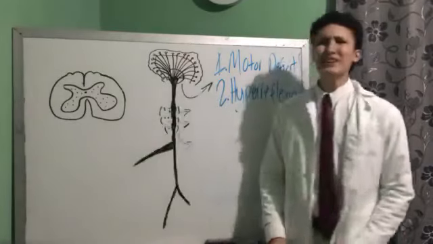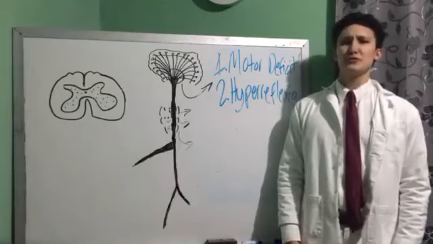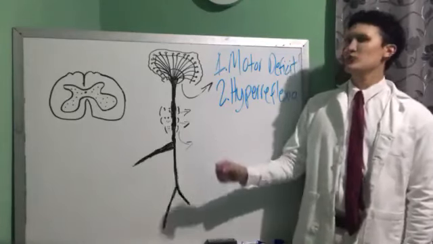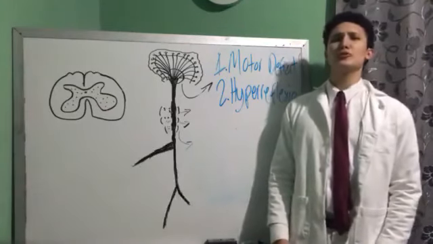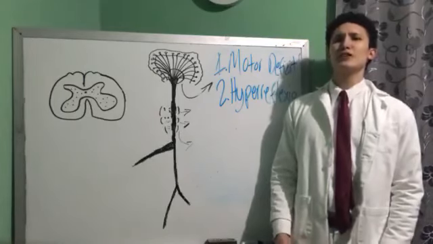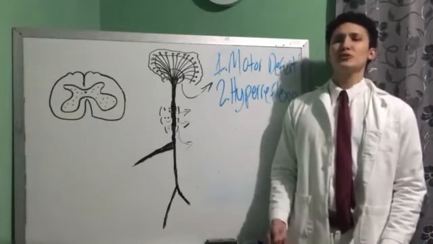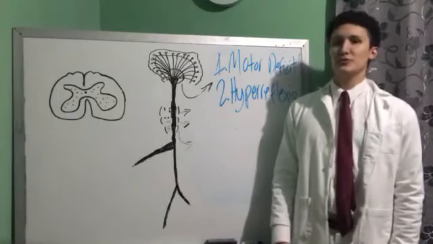Now, what is hyperreflexia? Hyperreflexia is an increase in muscle stretch reflexes, okay? The pyramidal tract is going to inhibit the release of alpha motor neurons. So when the pyramidal tract is injured, then we are going to have a release of these alpha motor neurons, which is going to cause an increase in stretch reflexes, okay?